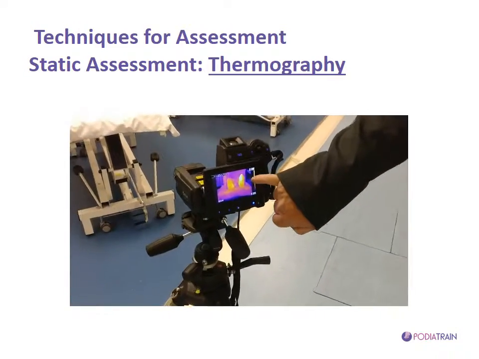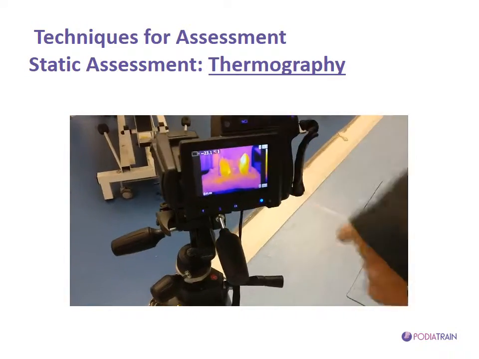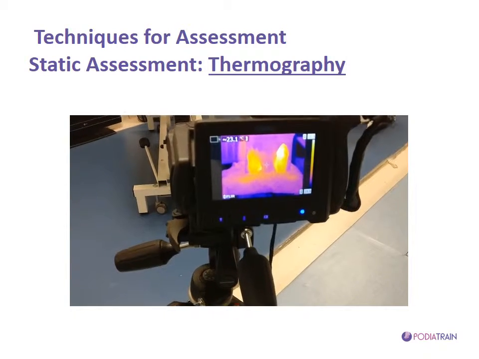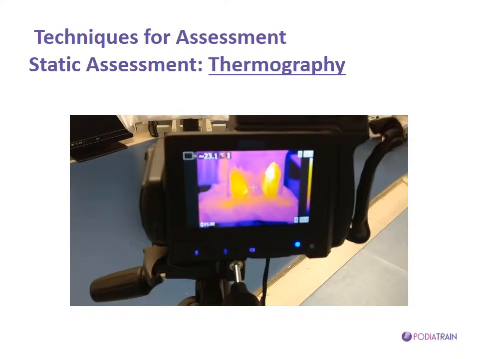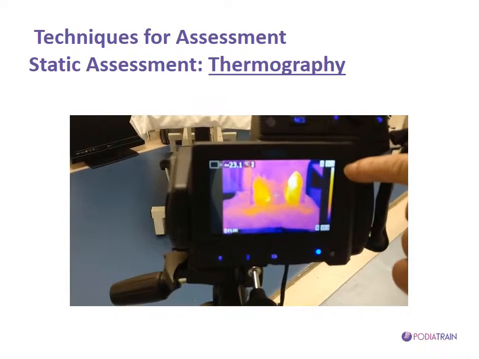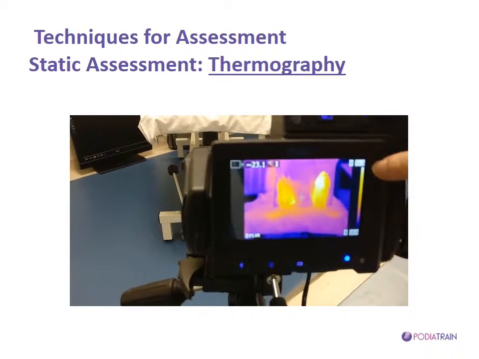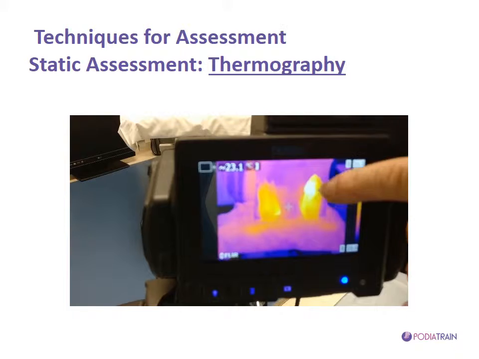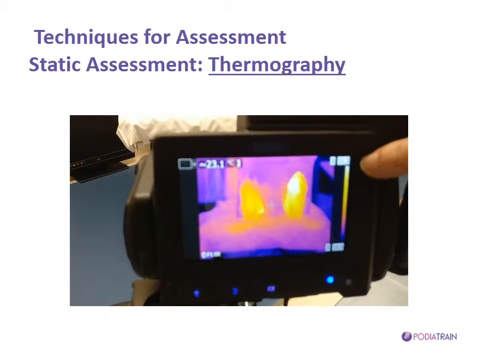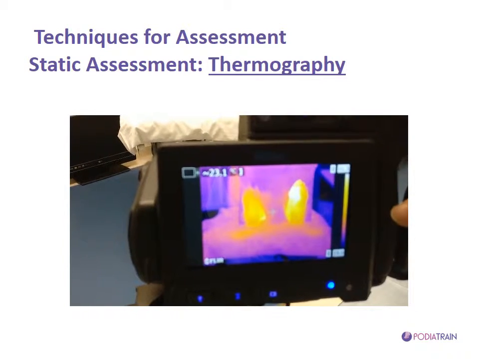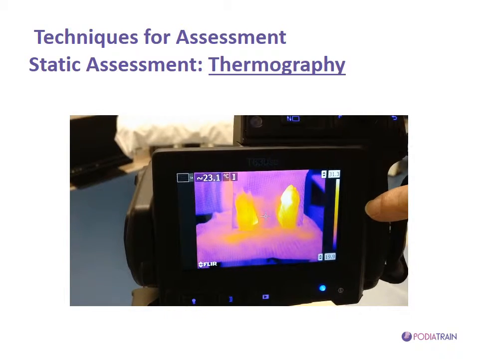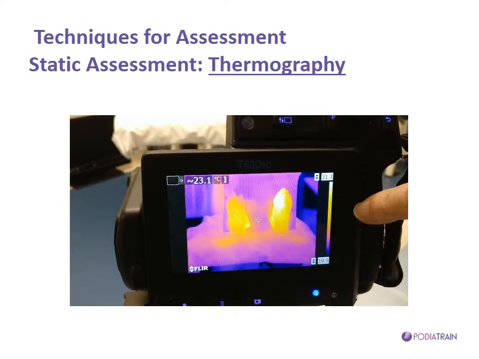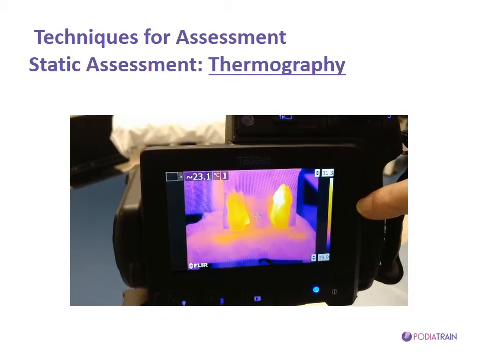In the area of the ulcer, you can see how much hotter it is by looking at the scale on the right side of the screen. The white area of the ulcer is hotter, which shows that in that area there is either maybe infection or metabolic activities going on.